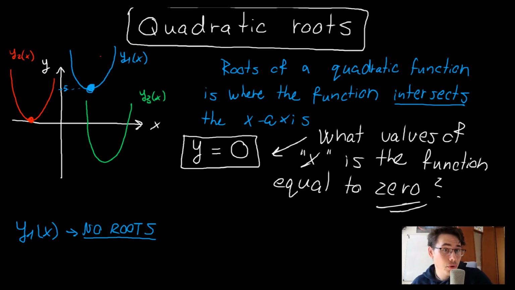Let's go to the red one. I think in the red one we already see only one point that touches the x-axis, which is right here. This is, of course, y equals 0. So y equals 0 is this line. I'm going to draw it in yellow. So this is y equals 0.